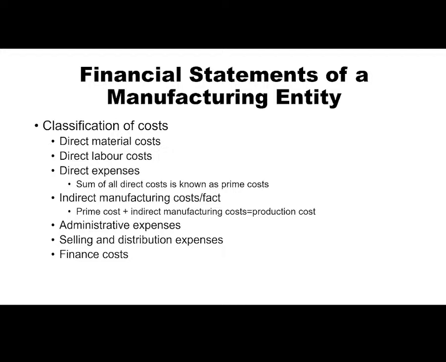Then you have the direct expenses. These are the expenses that are incurred in the manufacturing of those products. Before that, we know that the sum of all these direct costs is known as the prime cost.